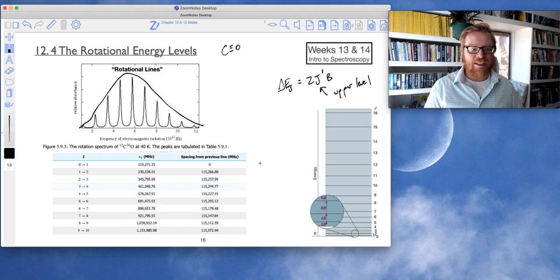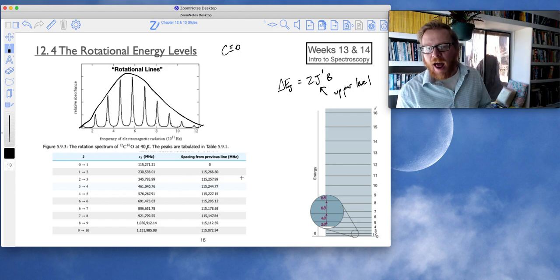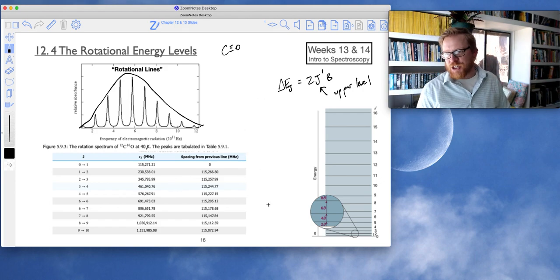So we're going to see a 0 to 1 transition, a 1 to 2 transition, a 2 to 3, a 3 to 4, and so on and so forth. And you notice for this sample, after about 1, 2, 3, 4, 5, 6, 7, 8, 9, 10, the 9 to 10 is showing us that that's the least intense transition. And that's because at 40 Kelvin, the carbon monoxide is not going to have a population above that line.